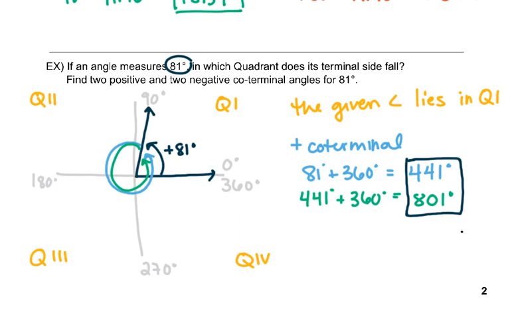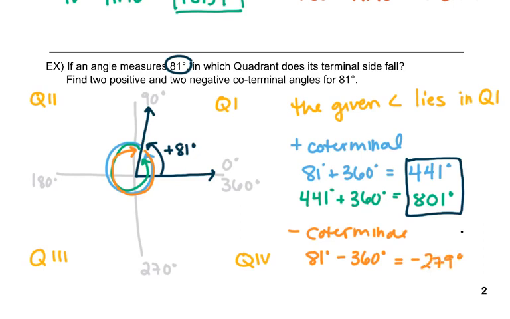Similarly, if we want to find a negative coterminal angle, that would be taking that 81 degrees and subtracting 360. So removing a 360 from it, going in the other direction. So 81 degrees minus 360 degrees leaves us with negative 279.